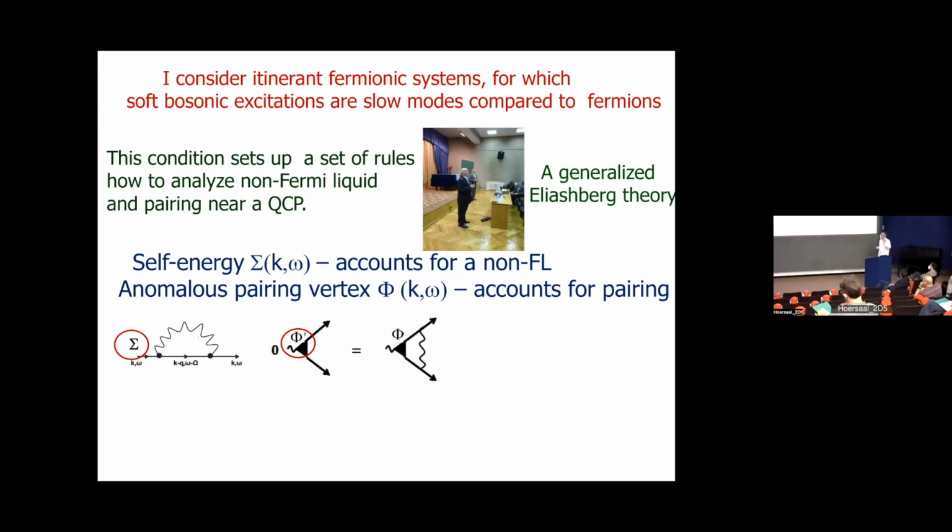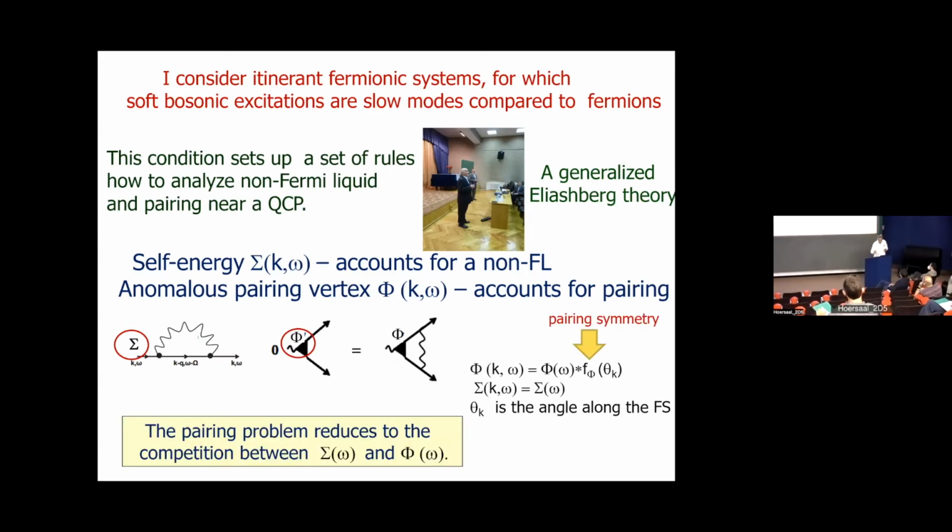And by doing this, you essentially eliminate k dependence by taking it in the most attractive pairing channel. And long story short, k dependence is taken care of, and you have a problem of two variables, both depending only on frequencies. This is phi projected in a particular spatial channel.